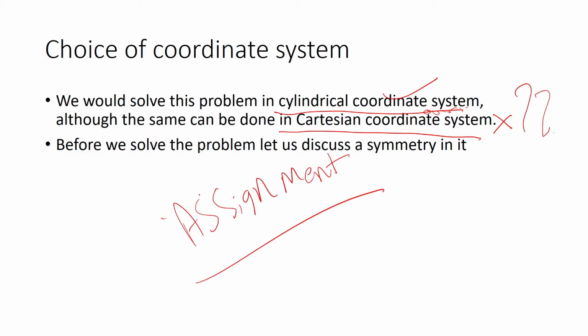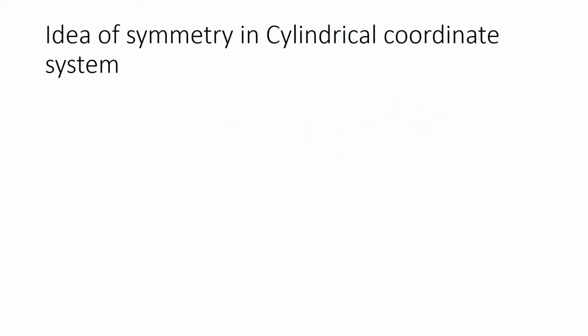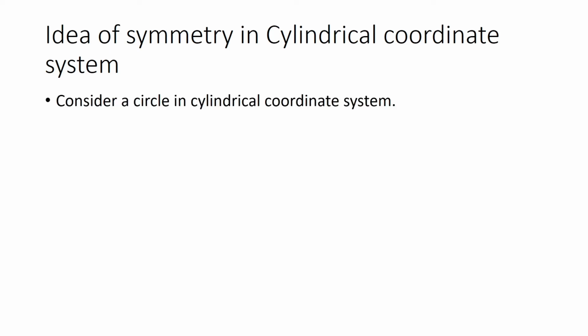So before we solve the problem in our hand, let us discuss symmetry in cylindrical coordinate system. In cylindrical coordinate system, imagine a circle, right, with its axis as the z axis.